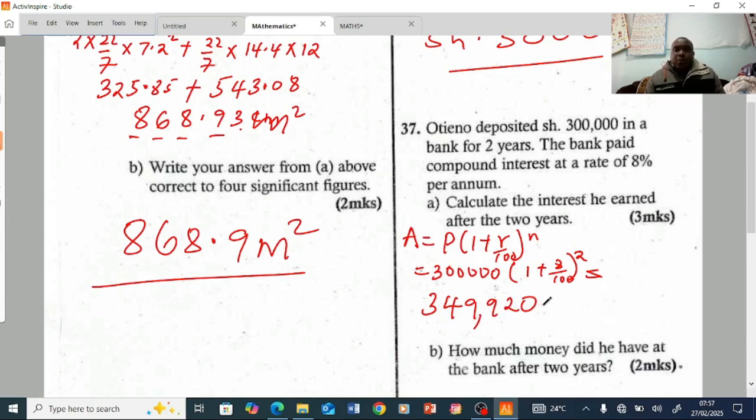So to get interest, you subtract the principal, 300,000. So the interest was Kenyan shillings 49,920. That is the interest.